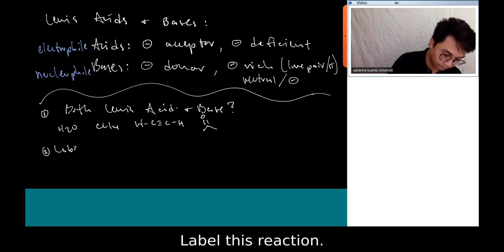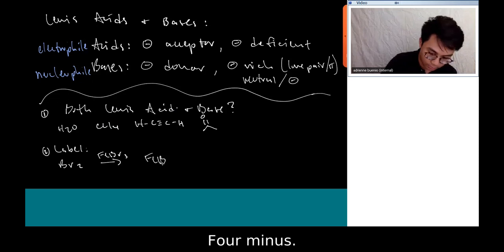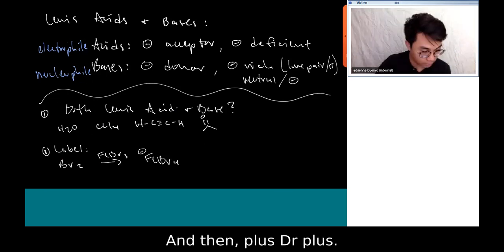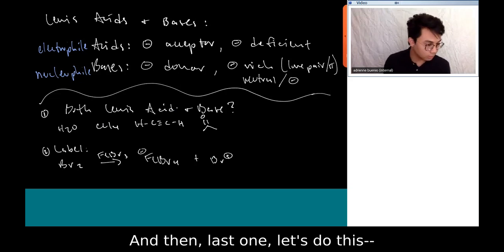And let's do a label one. Label this reaction: FeBr3, FeBr4 minus, and then plus Br plus. Okay, and then last one, let's do this.